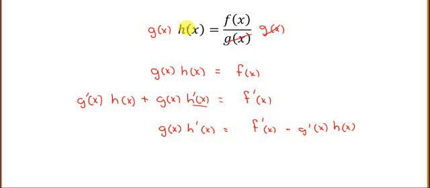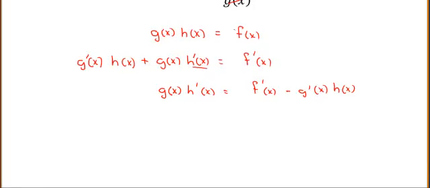Now remember, h of x was f of x divided by g of x, so we have that g of x times h prime of x is equal to f prime of x minus g prime of x times f of x over g of x.